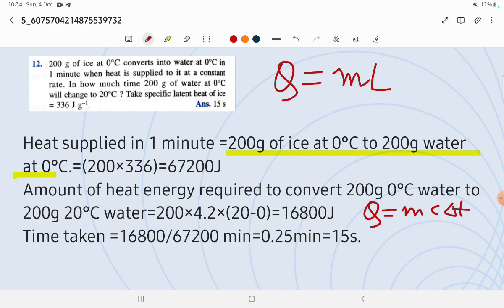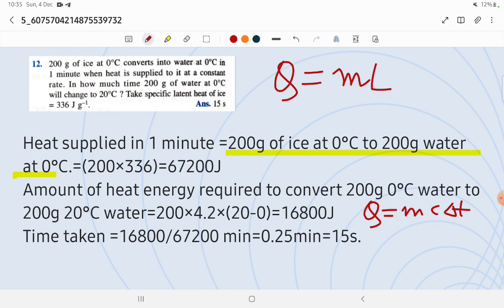Mass equals 200 gram, C is 4.2 joule per gram. Be careful, the mass is given in gram, so C equals 4.2 joule per gram per Kelvin. Next, change in temperature is 20 minus 0, because from 0 degree Celsius to 20 degree centigrade. So it will be 16800 joule.